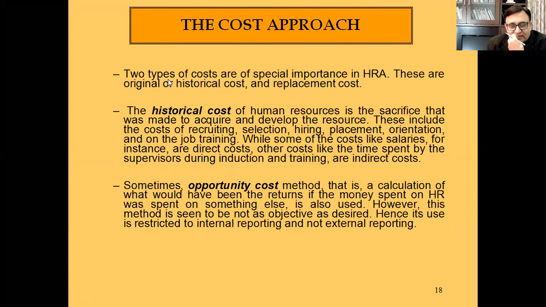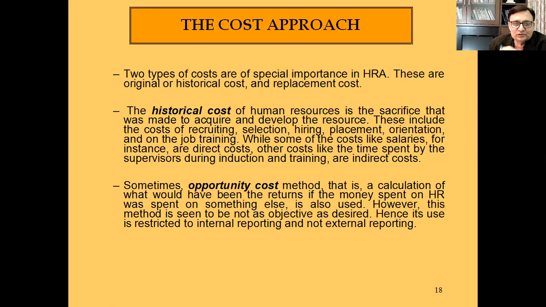In the cost approach, there are two types of cost of special importance in human resource accounting. These are the original or historical cost that we incur, and second is the replacement cost. The historical cost of the human resources is the sacrifice that was made to acquire the human resources, for example in the form of advertisement, the selection process, and to develop the human resources, that is, to train them for the working environment of the organization.